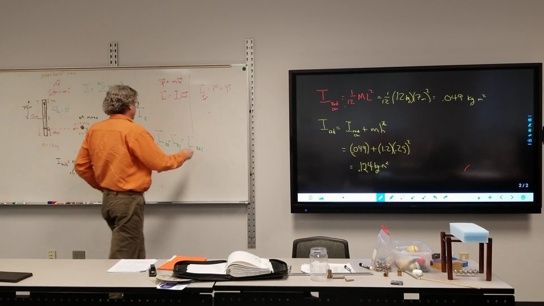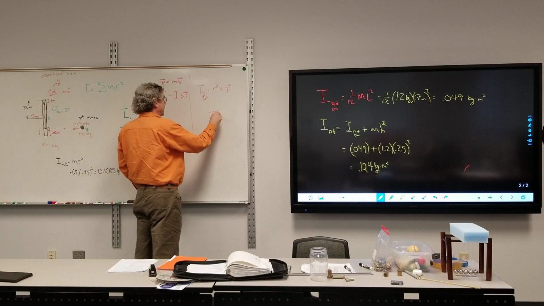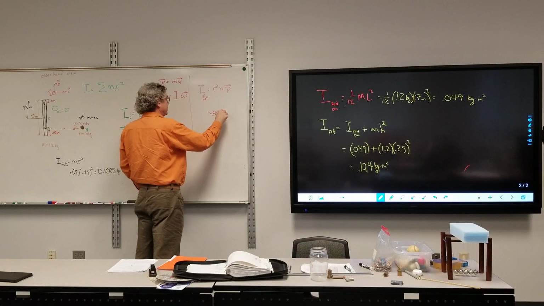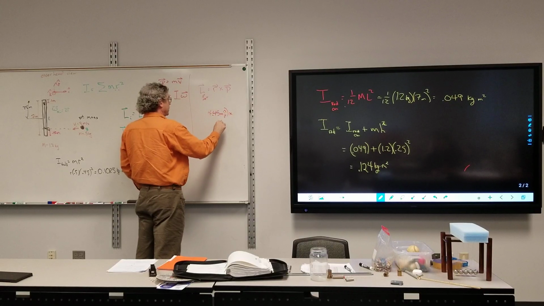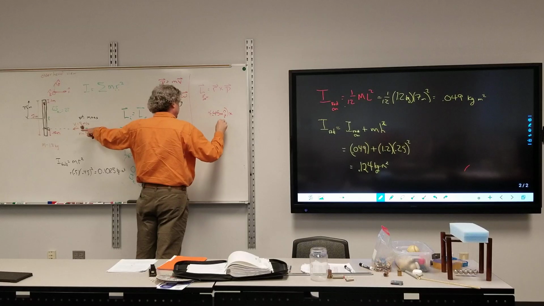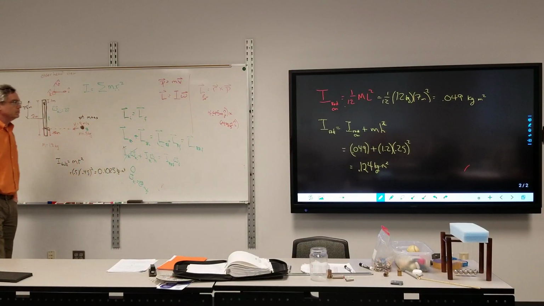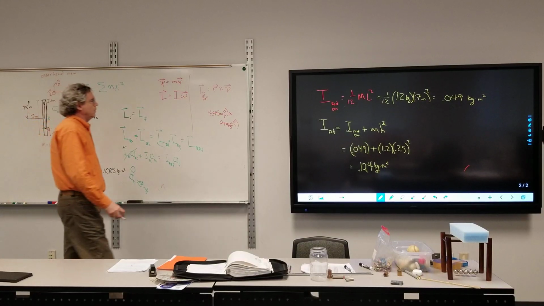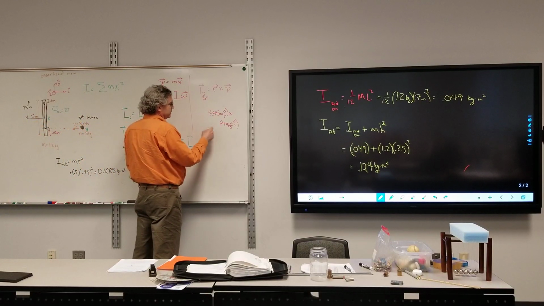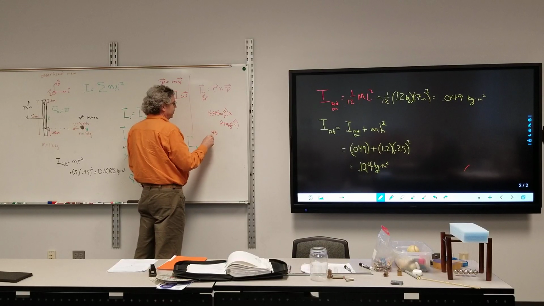So that would be 0.45 meters negative J hat, crossed by momentum, which is mass times velocity, which would be 4 kilogram meters per second, negative I hat. Then those negatives would cancel out, and I'm left with 0.45.